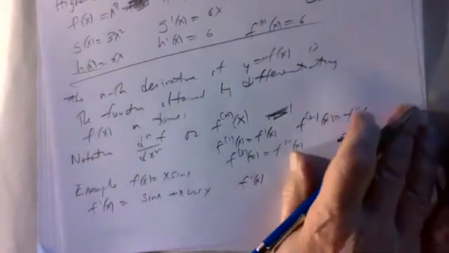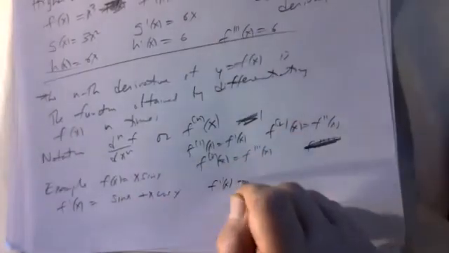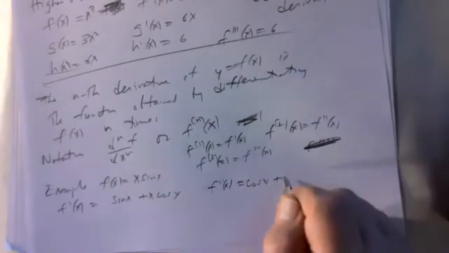You should just do this yourself to check this is correct. The second derivative: differentiate the sine, you get the cosine. Differentiate x sine x, you get another cosine, plus or minus x sine x. So this is 2 cosine x minus x sine x.